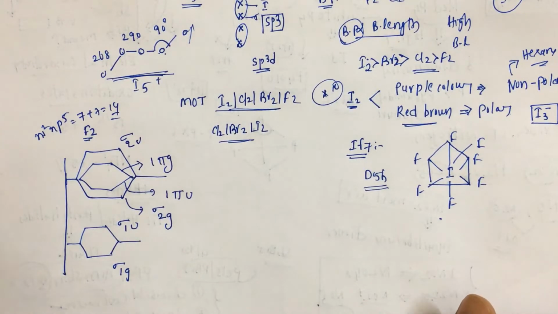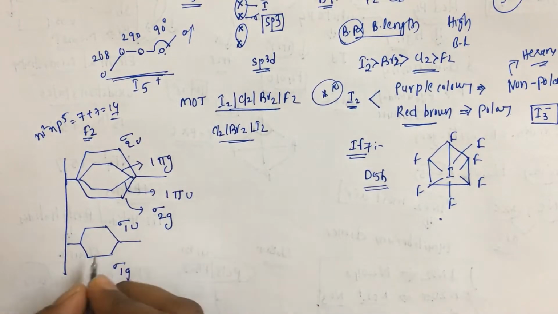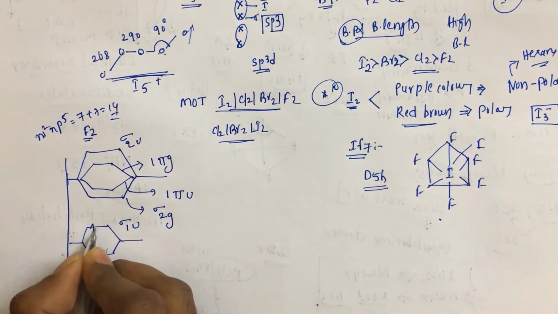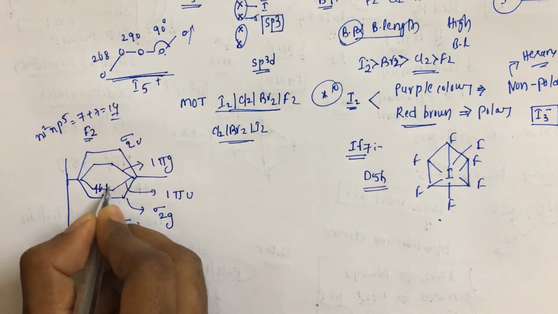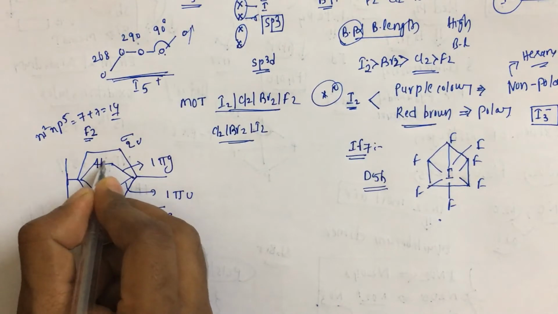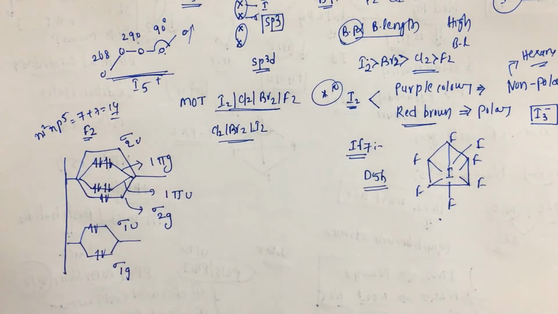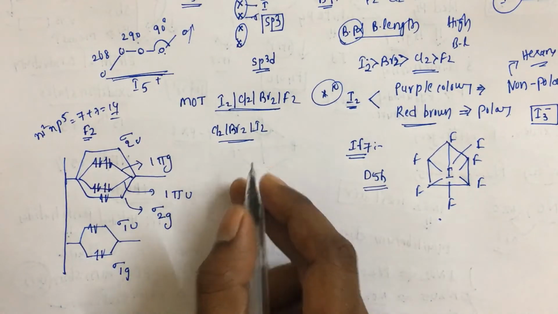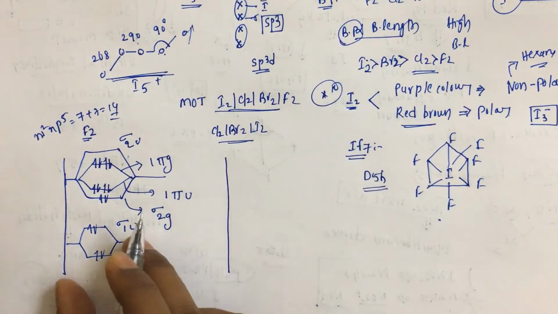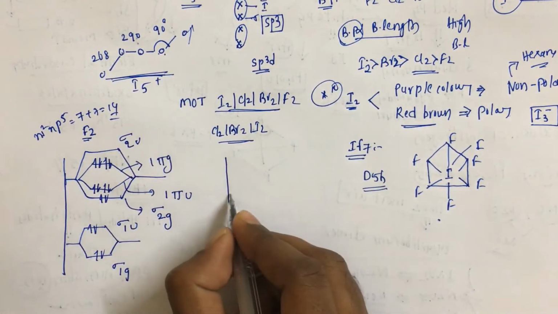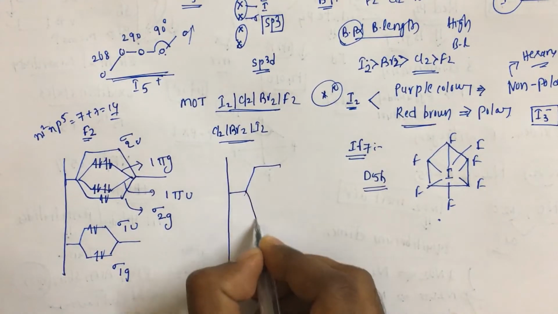We have 14 electrons, 1 2 3 4 5 6 7 8 9 10 11 12 13 14. For Cl2, Br2 and I2, the MOT will be like this. This part will be the same, and this will change for these three compounds.